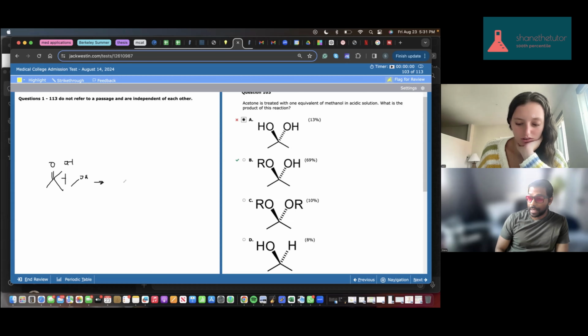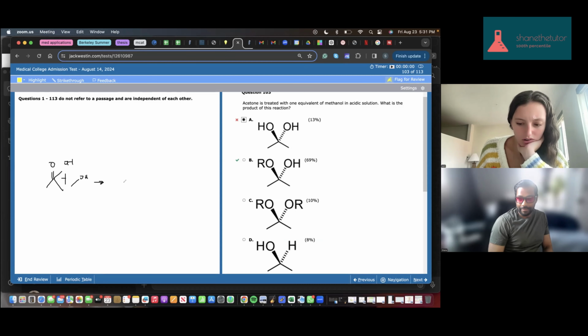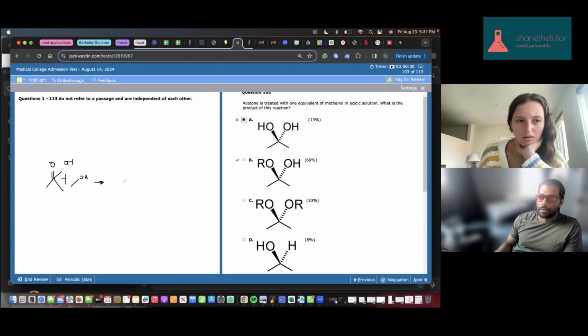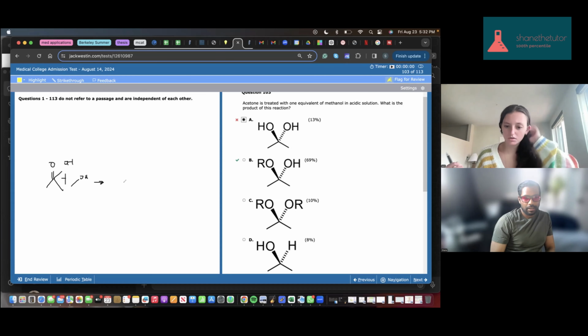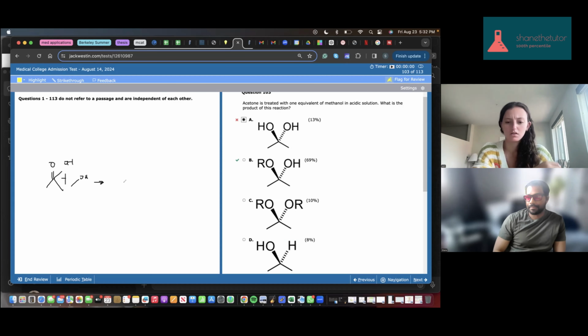A nucleophile is a Lewis base, which means it's an electron pair donor. But think about the word nucleophile. It likes to bond to things that are positive or negative. Positive. So a nucleophile is a Lewis base. Yes.